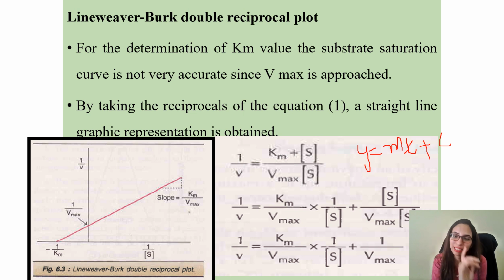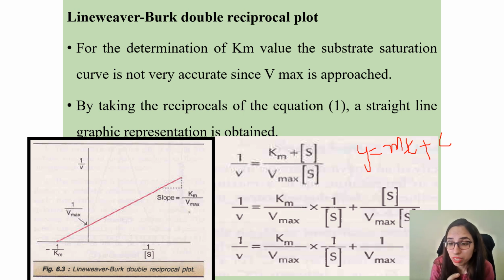Now, trying to find this relationship from the Michaelis-Menten equation. The equation is the same one, guys. We just do the reciprocal of the earlier one. Earlier it was v equal to Vmax into S divided by Km plus S. We just divide with 1, that is, we write 1 upon v, and we obtain this relationship.